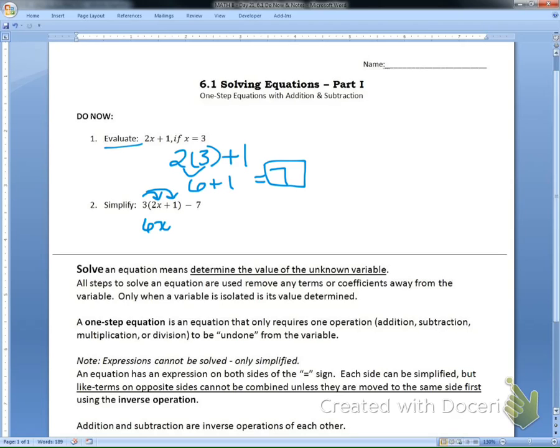Because it's the first term, we do not need to have the sign in front of it unless it would have been negative. And 3 times 1 is positive 3. Here you do need to have the sign in front of that 3 because it is not the first term in the answer. You bring down the negative 7 because it's outside of those parentheses. It's not what you're going to distribute in.